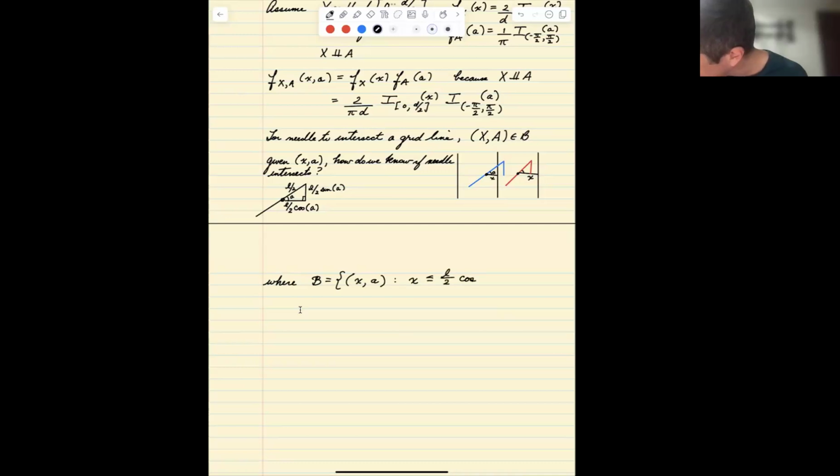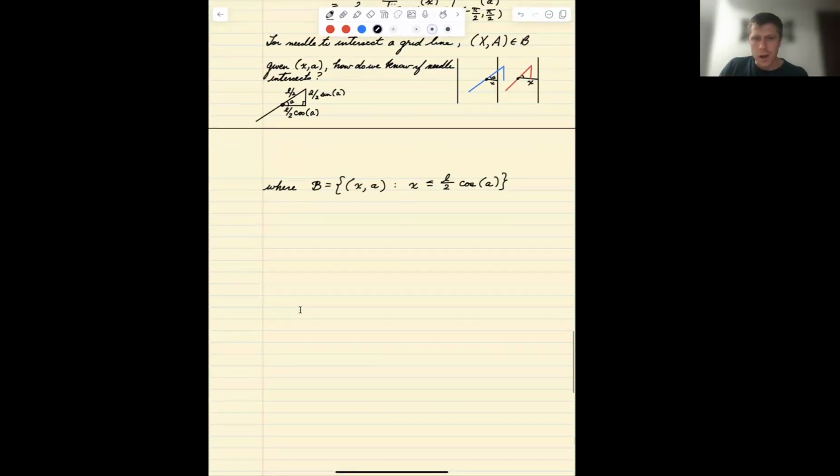So the probability that we're interested in is the probability that the needle intersects a grid line.